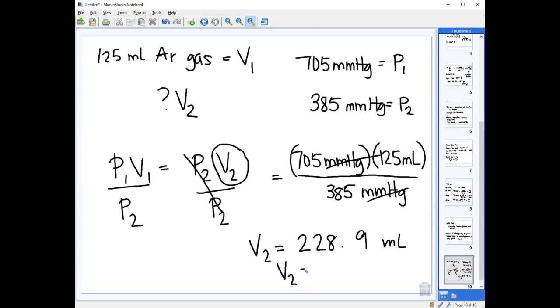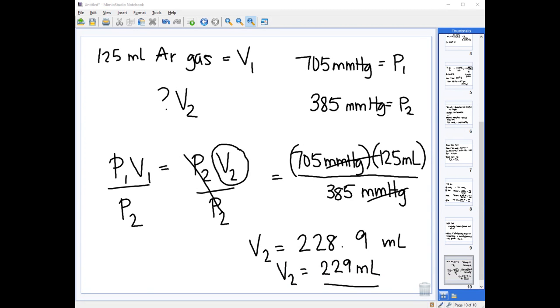So my volume is 229 milliliters. Does that answer make sense? Yes, it does.